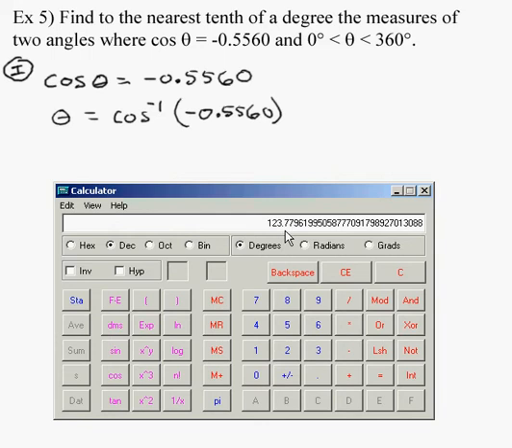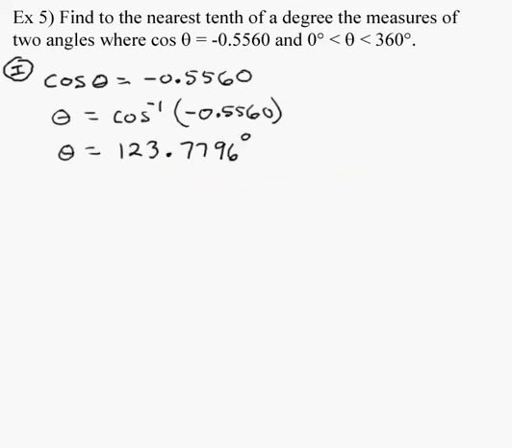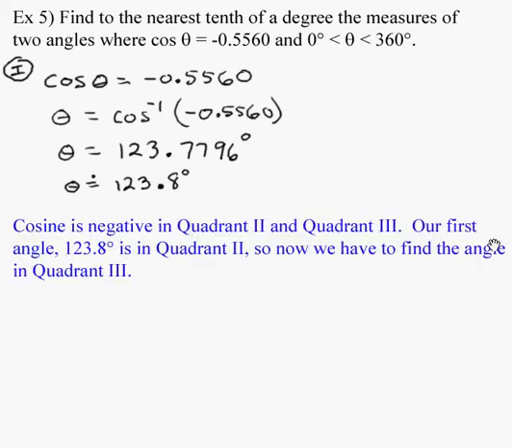And it tells me it's 123.7796 decimal degrees. But it only told me one answer. And the directions here are to find the two angles. Let's round that off to the nearest tenth, because that's what they asked, the nearest tenth of a degree. Otherwise, we'd leave it 4 places. And so theta, the angle we're looking for, is approximately 123.8.